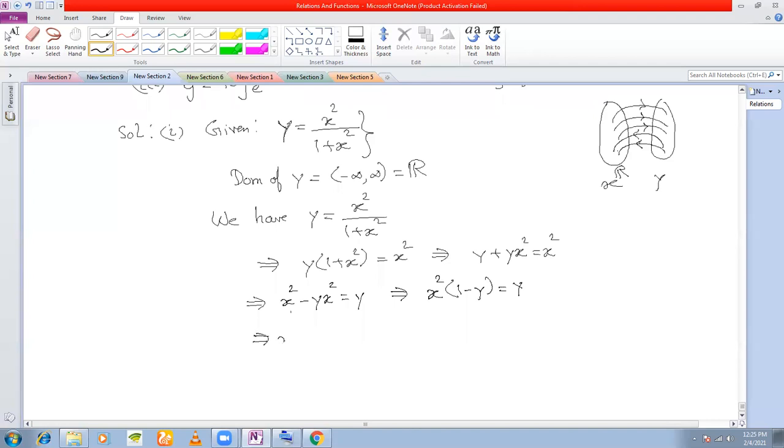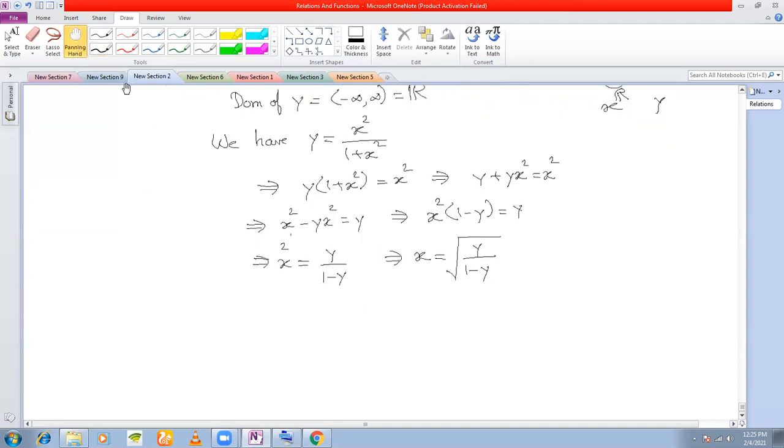So x square is equal to y by 1 minus y. That means x is equal to square root of y by 1 minus y.